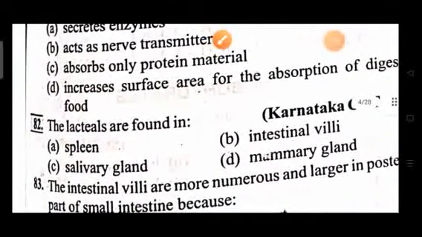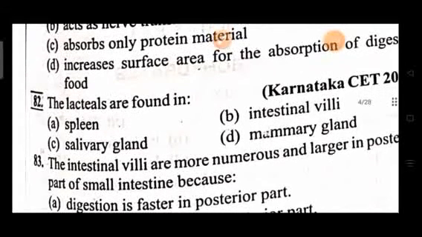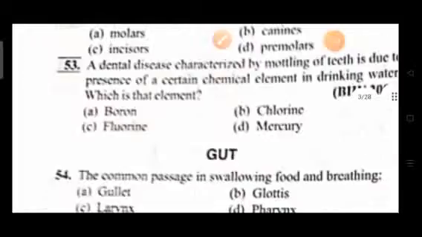Next, coming on to the next question. 82. The lacteals are found in spleen, intestinal villi, salivary glands, mammary glands. Already you know that.